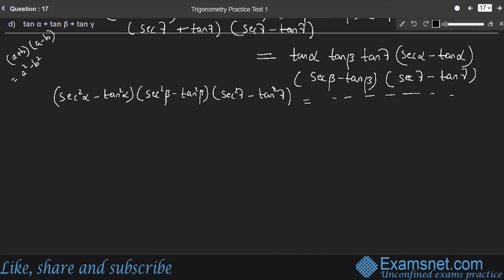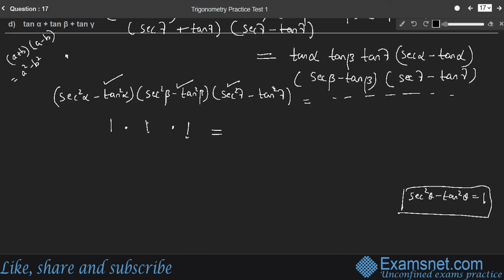Here we know that secant square theta minus tan square theta is always 1. I just mentioned here for your reference, secant square theta minus tan square theta is equal to 1. Keeping this formula in mind, secant square alpha minus tan square alpha is 1, secant square beta minus tan square beta is also 1, and secant square gamma minus tan square gamma is also 1, is equal to the RHS.